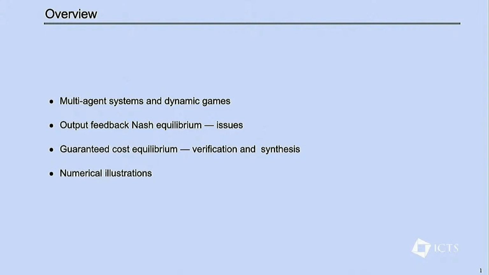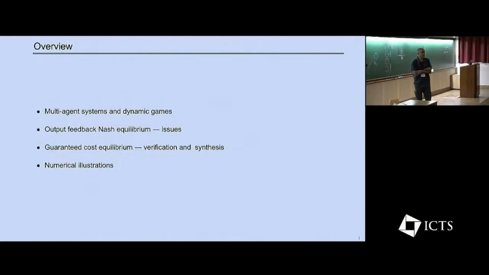And we also talk about what the issues are in computing this output feedback Nash equilibrium. And as a remedy, we propose another equilibrium called a guaranteed cost equilibrium. So then I'll provide conditions for the verification and the synthesis of guaranteed cost equilibrium, followed by some numerical illustrations.